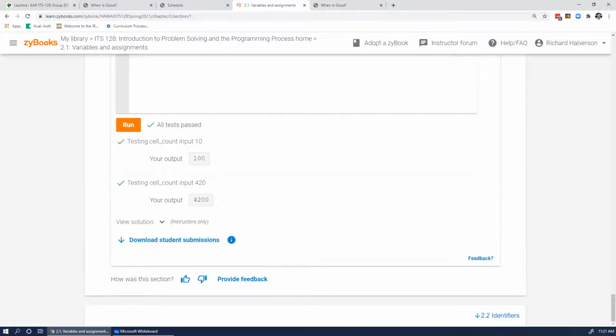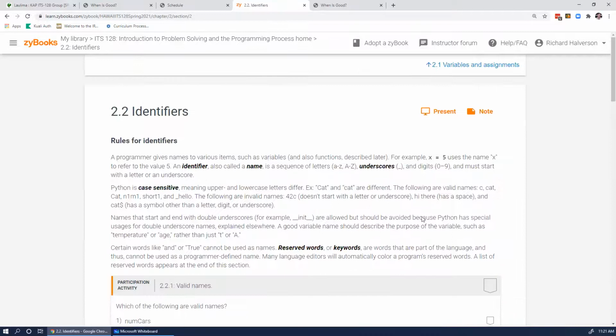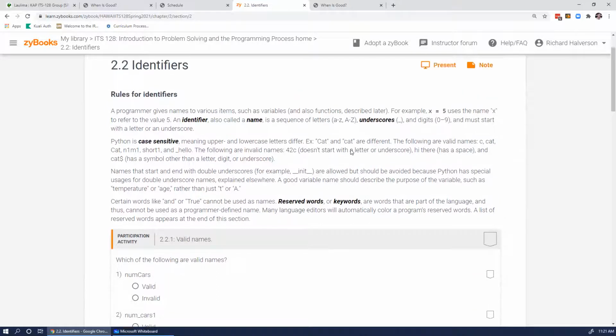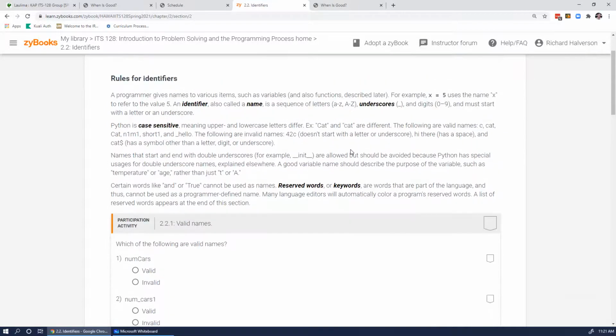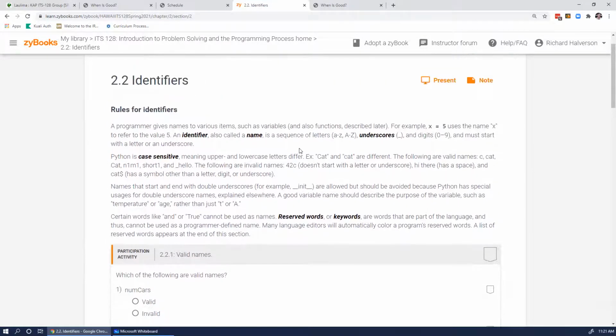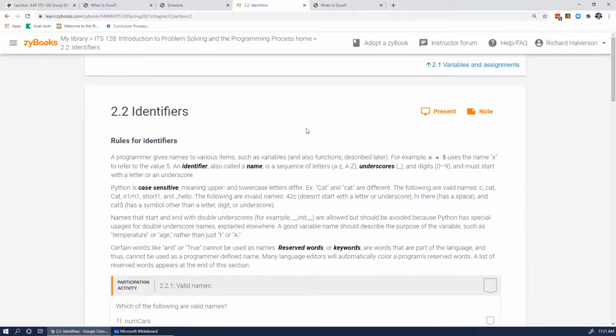So identifiers. Is this 2.2? Well, I guess we don't have any challenges in here. Okay, identifiers are the names of these variables that we've been seeing, like num_nickels or whatever.